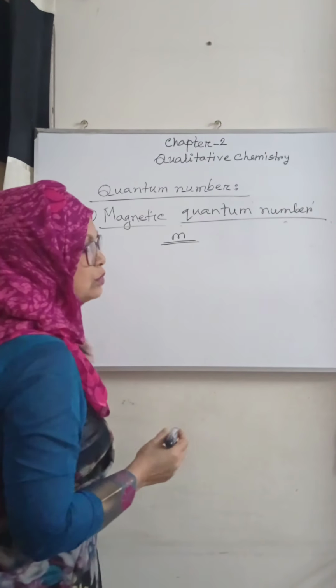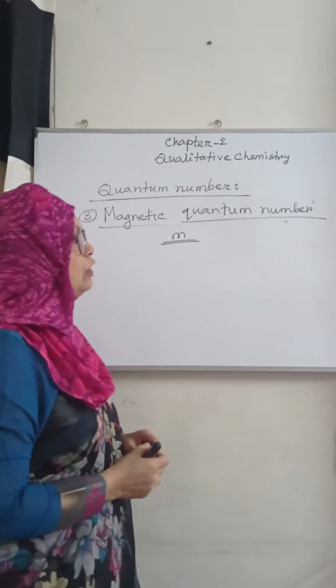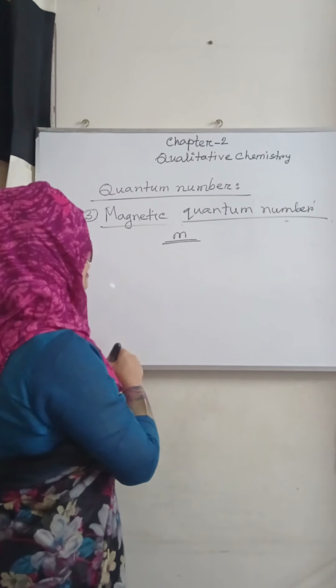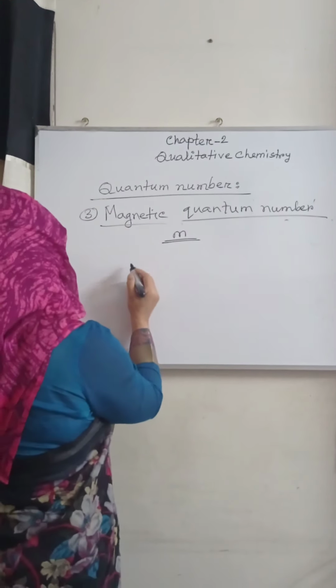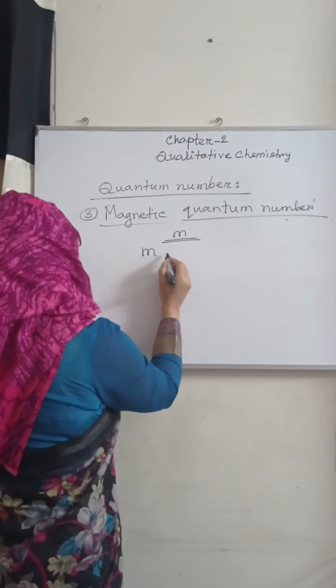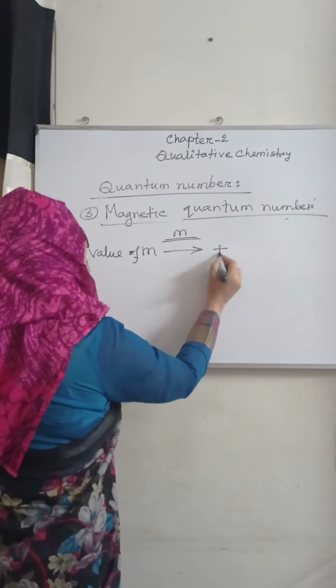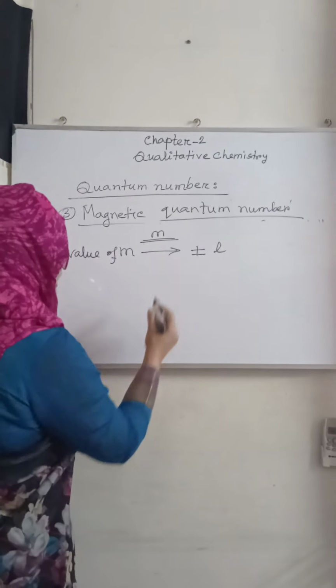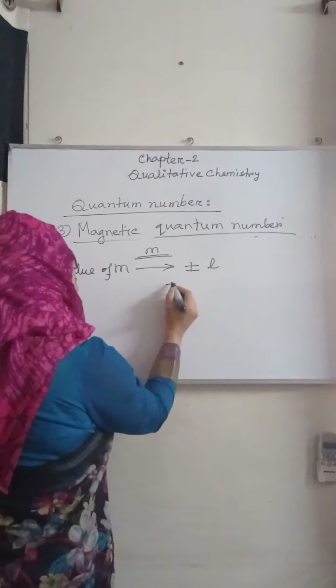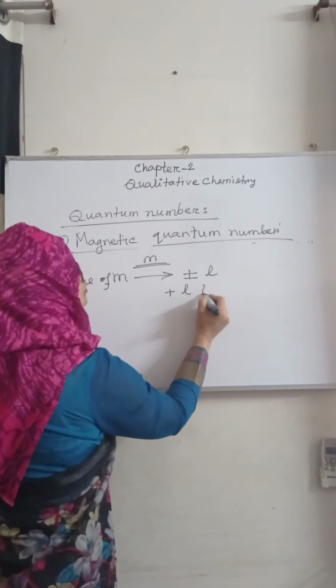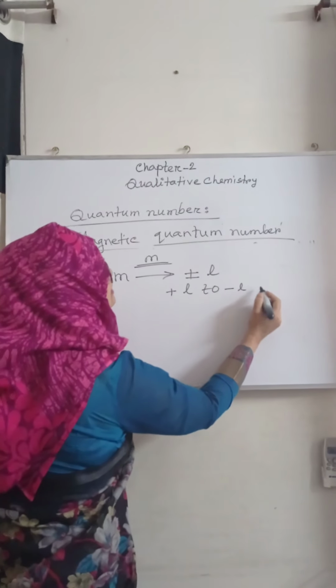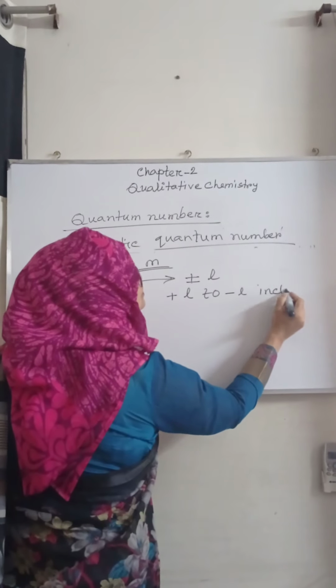M for magnetic quantum number, and the value of m depends on the value of L, which is plus or minus L, that is, plus L to minus L including 0.